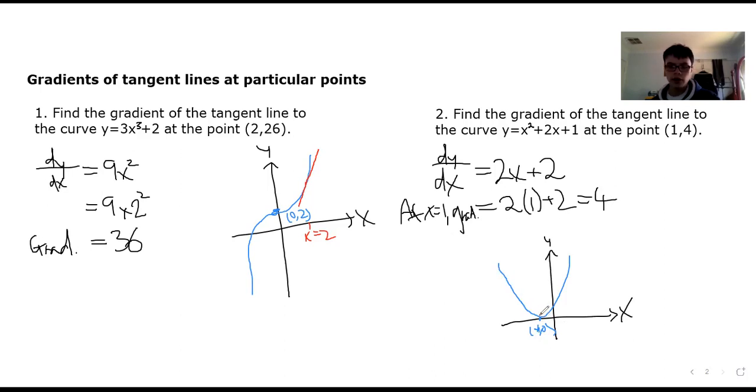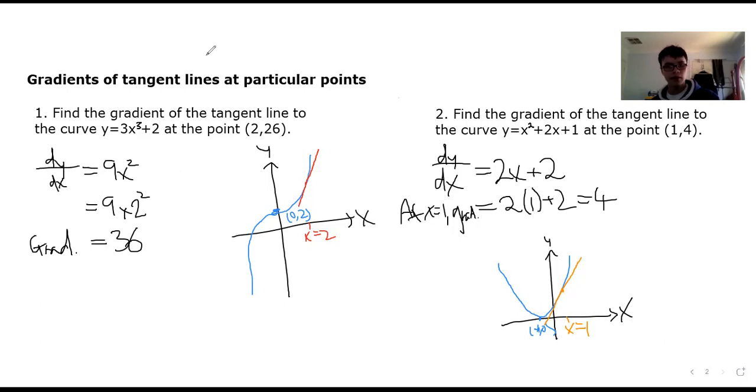That's our turning point, and then x equals 1 is here. This is just the gradient of the tangent line at x equals 1. Hopefully this makes more sense, and hopefully you've learned something from this lesson.